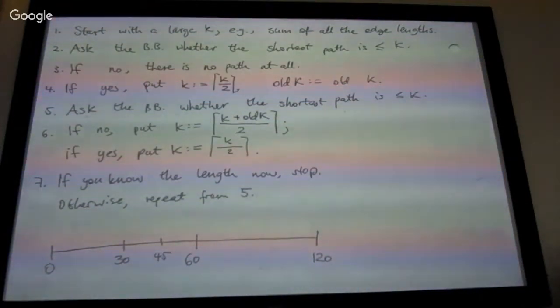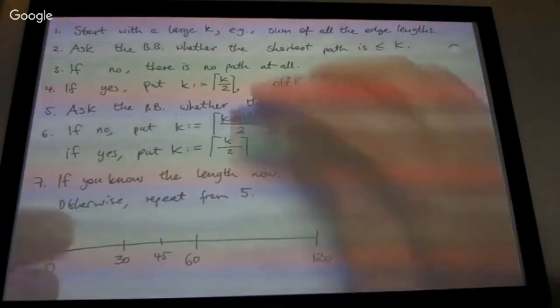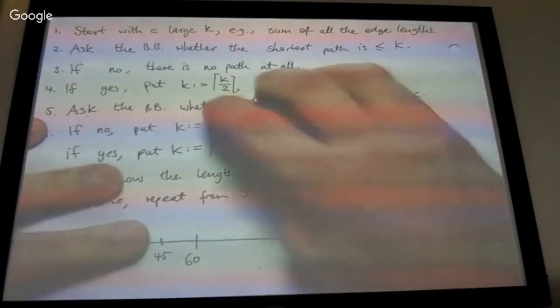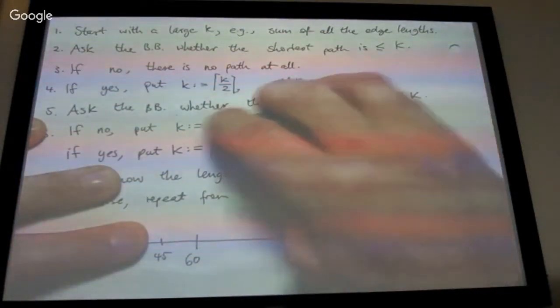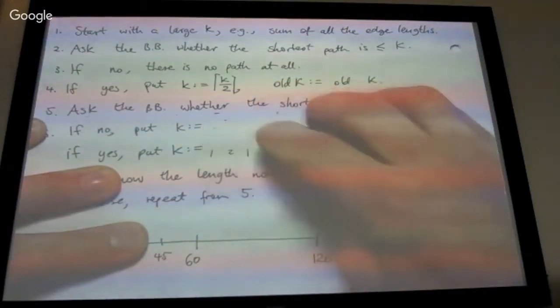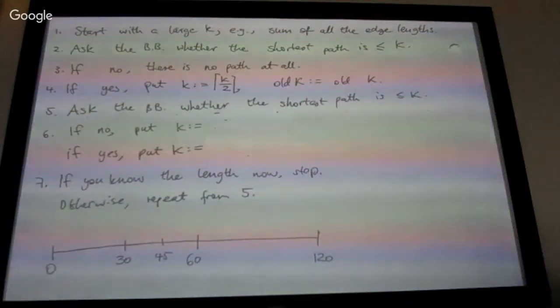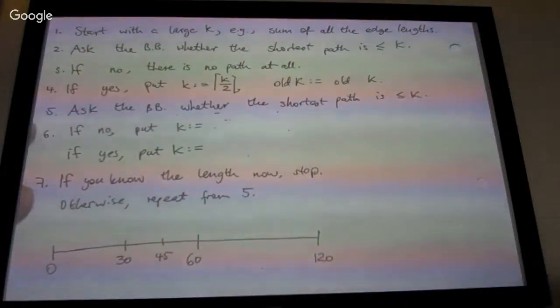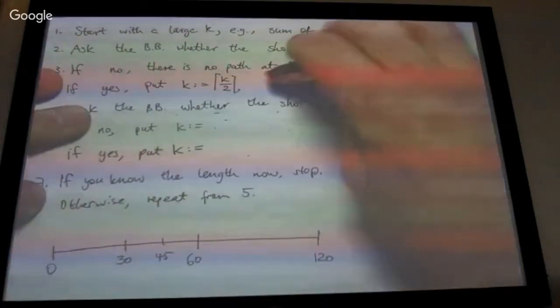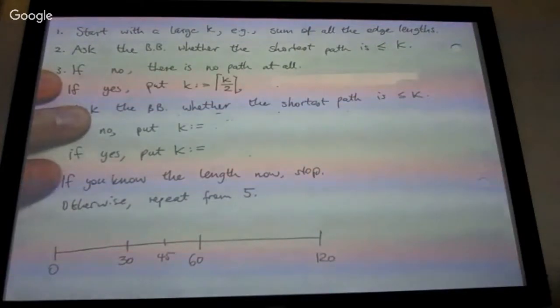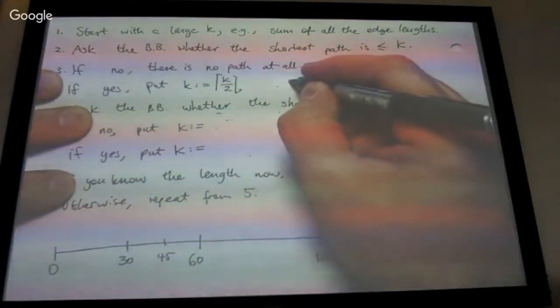Okay, so I need to fix this. We found an error when I looked at the algorithm, but the idea should be clear. So I'm not keeping old k. I'm keeping a, so a is 0.